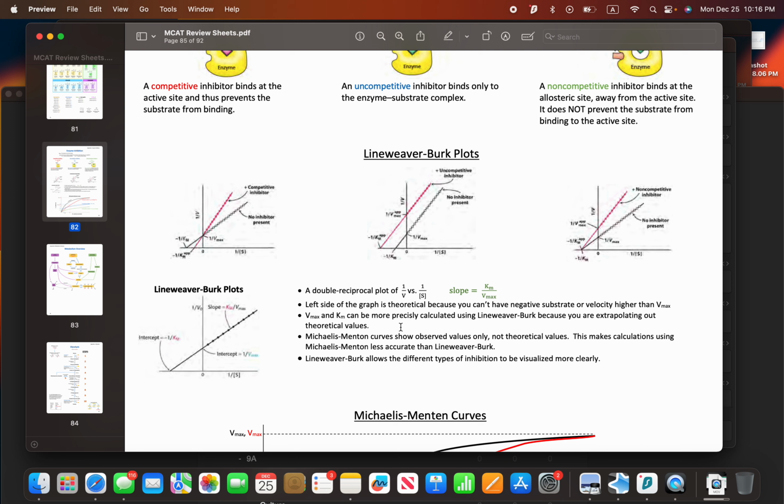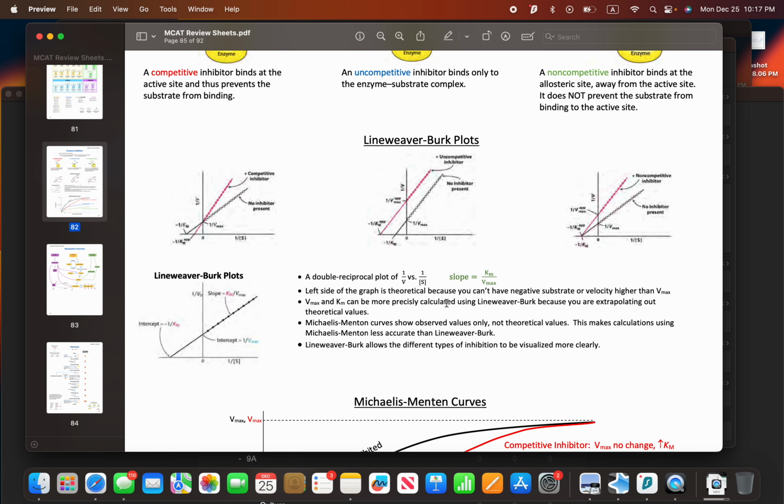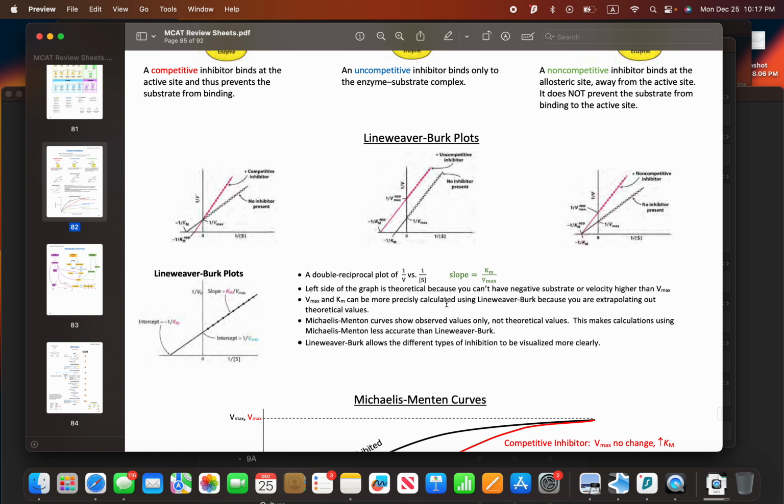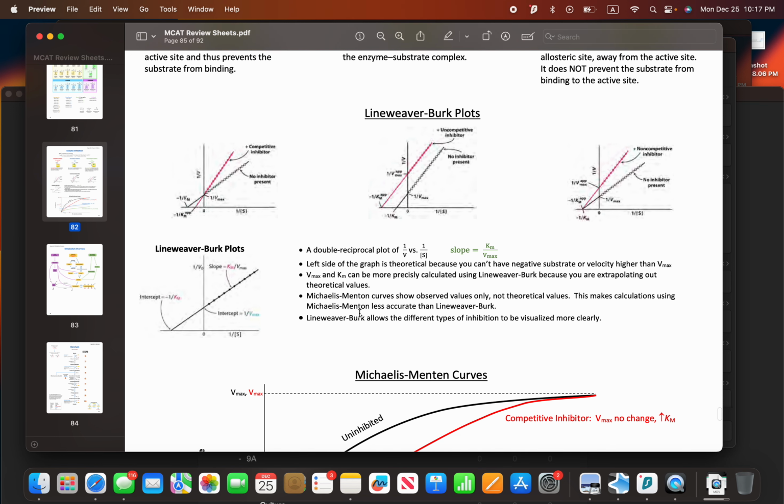Vmax and Km can be more precisely calculated using Lineweaver-Burke because you are extrapolating out theoretical values. Michaelis-Menten curves show observed values only, not theoretical values. This makes calculations using Michaelis-Menten less accurate than Lineweaver-Burke. So Lineweaver-Burke is more accurate. Lineweaver-Burke allows the different types of inhibition to be visualized more clearly.